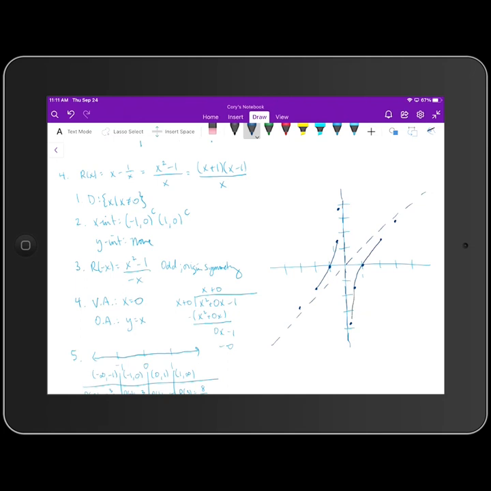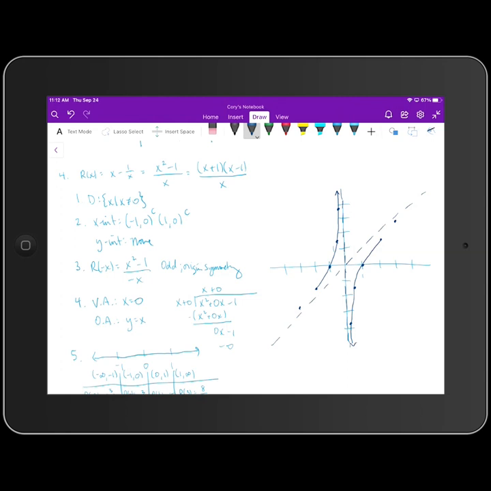It looks like as we approach the vertical asymptote from the right, the graph goes down to negative infinity. When we approach the vertical asymptote from the left, the graph goes to positive infinity. And that makes sense because the multiplicity of the 0 in our denominator is odd. So the graph should be going in opposite directions as we approach the vertical asymptote.